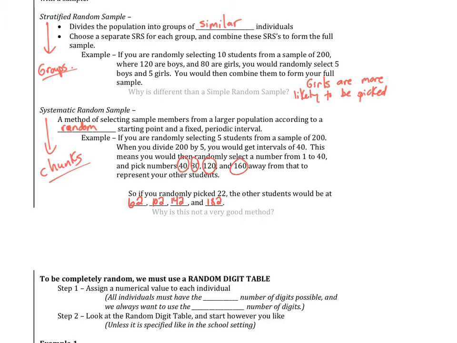So why is this not a very good method? This almost guarantees that 1 and 2 are never picked together.